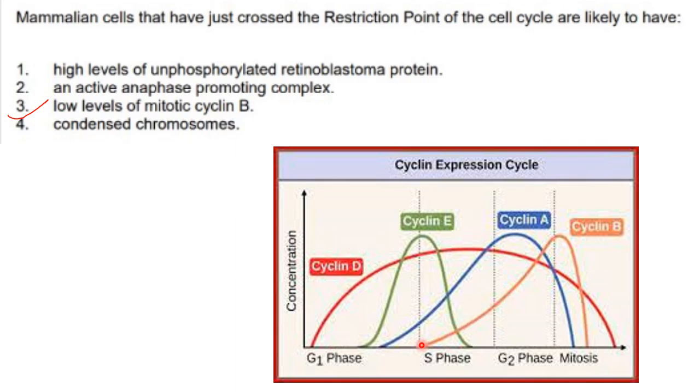So it is not at the S phase. So low level of mitotic cyclin B is correct. Condensed chromosomes are characteristic of metaphase. So the answer here is low level of mitotic cyclin B, option 3.